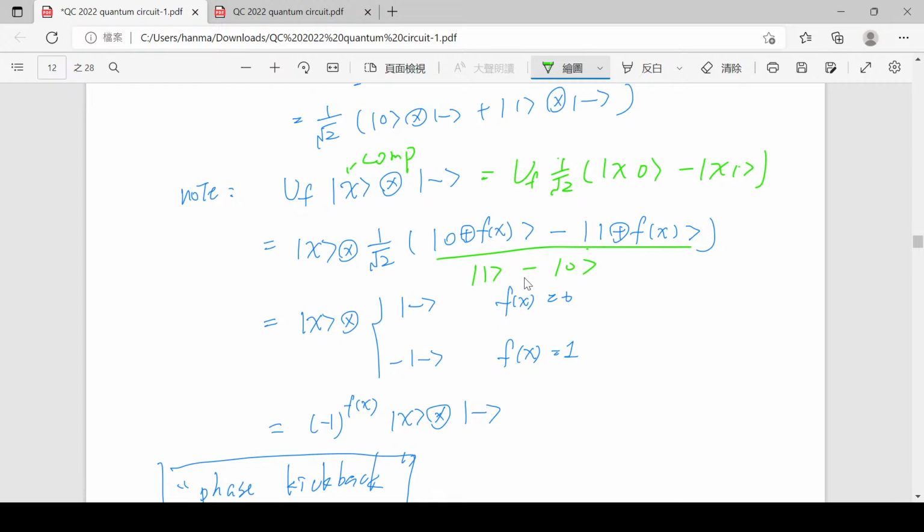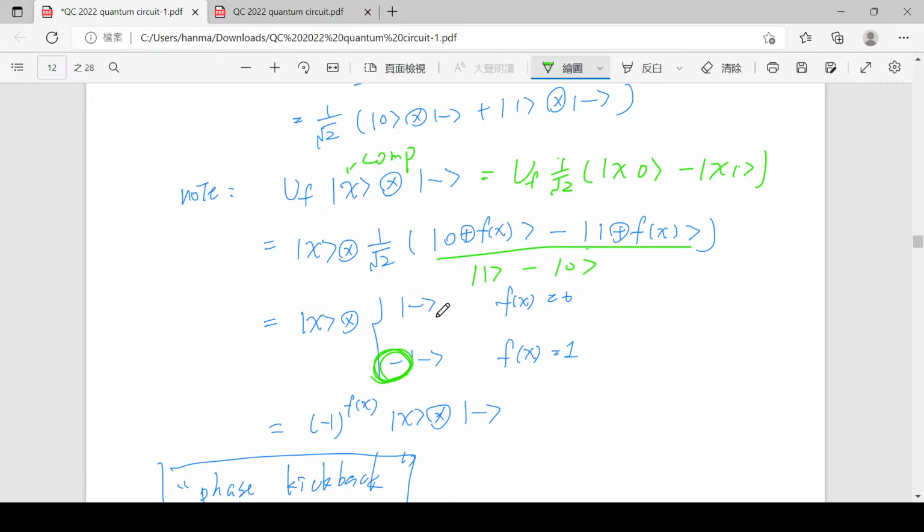And that's basically the same state, but we get an extra minus sign, because you swap between the 1 and 0. So, clear? This minus sign here is very important.